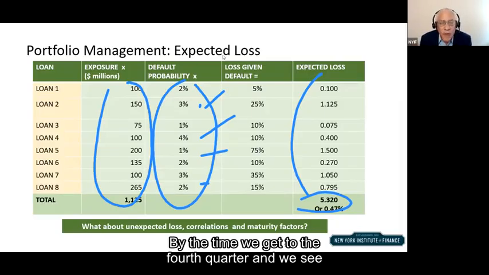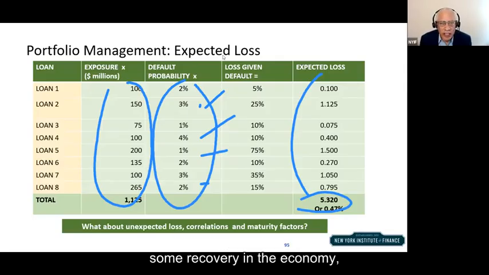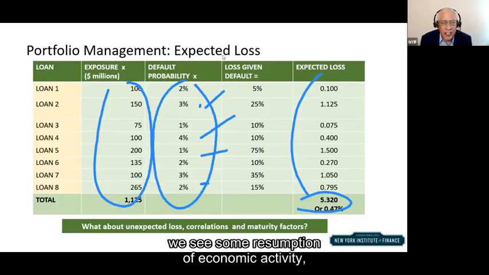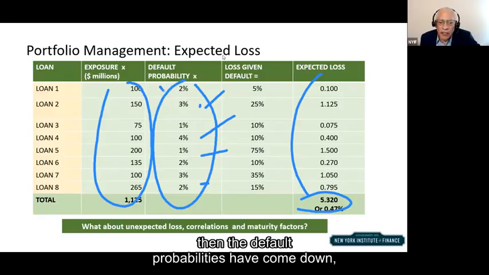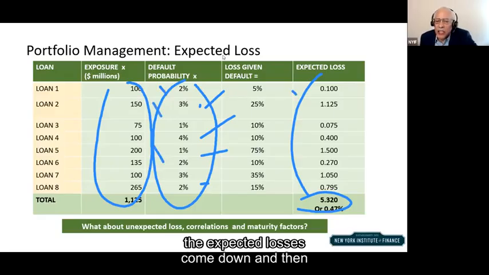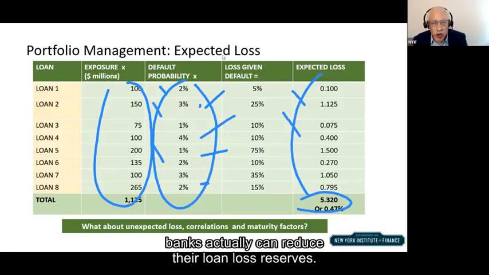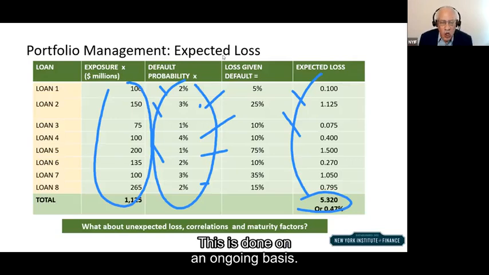By the time we get to the fourth quarter and we see some recovery in the economy, some resumption of economic activity, then the default probabilities have come down, the expected losses come down, and then banks actually can reduce their loan loss reserves. So this is done on an ongoing basis.